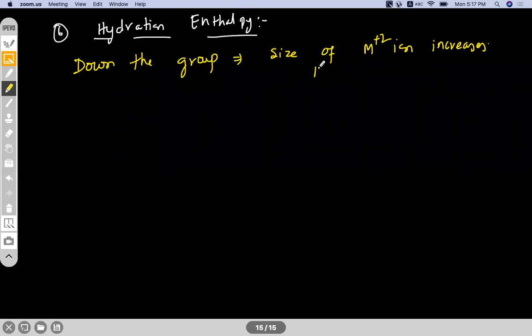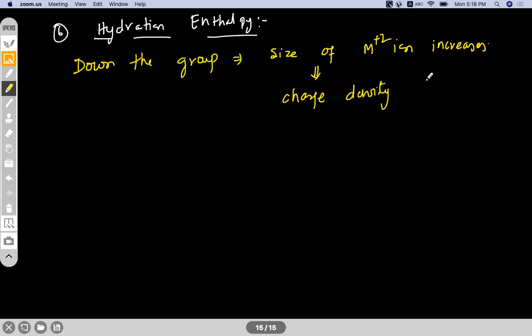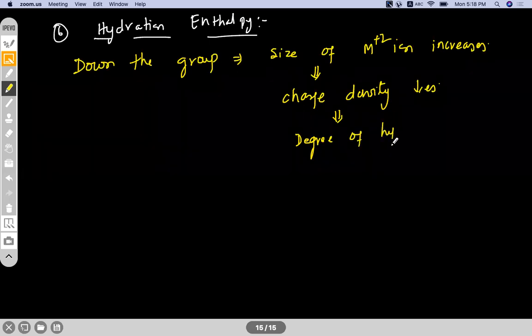As a result, what happens? The charge density decreases. What is charge density? And hence the degree of hydration decreases. Charge density means charge per unit volume.